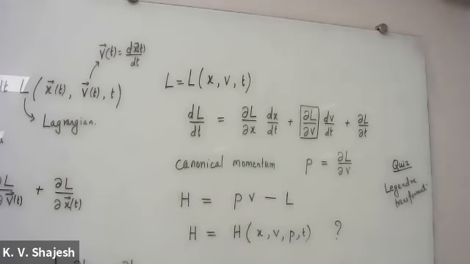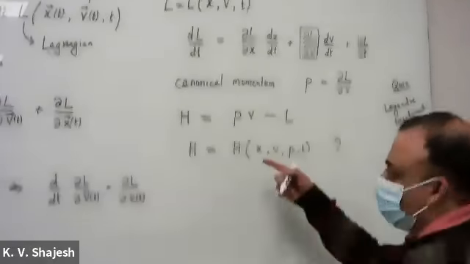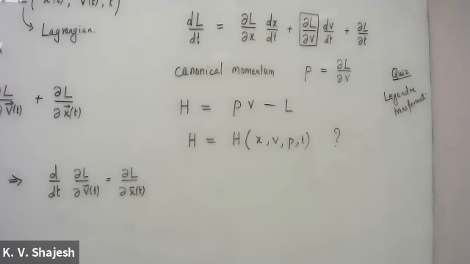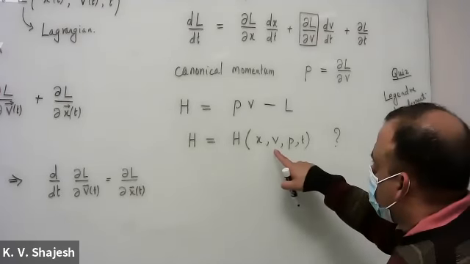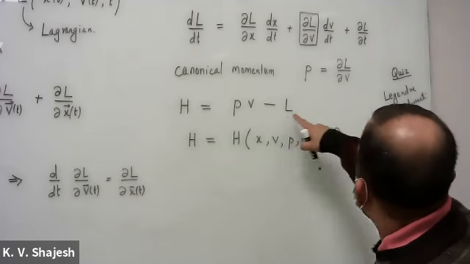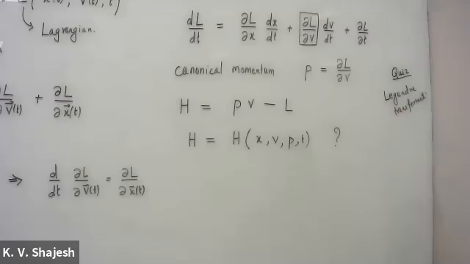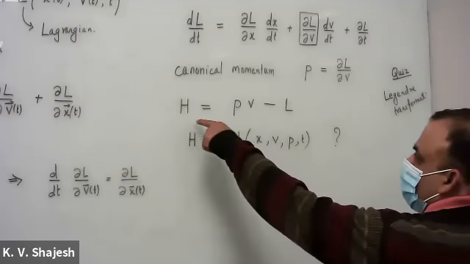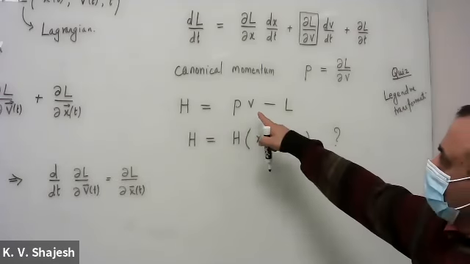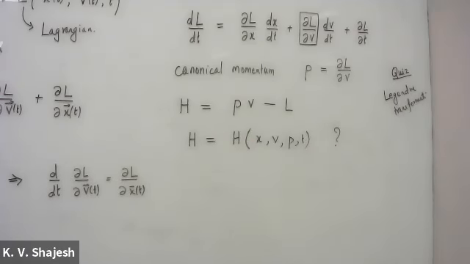Does it depend on all these quantities or not? Maybe the dependence on one of them is not there, and we want to figure that out. We are going to show now that actually it does not depend on velocity at all. The way this is constructed, that's the idea of the Legendre transformation: if you construct a function like this, it will not depend on this v here. It will be automatically cancelled out.